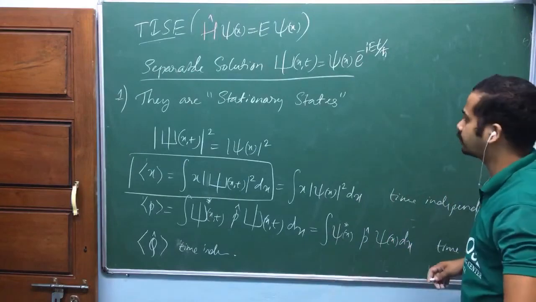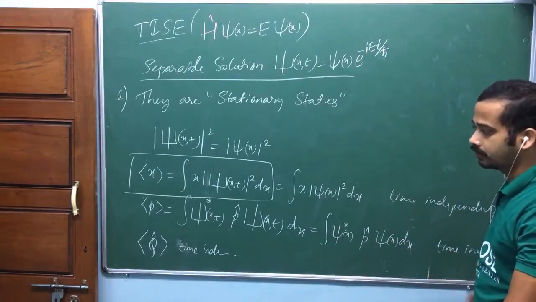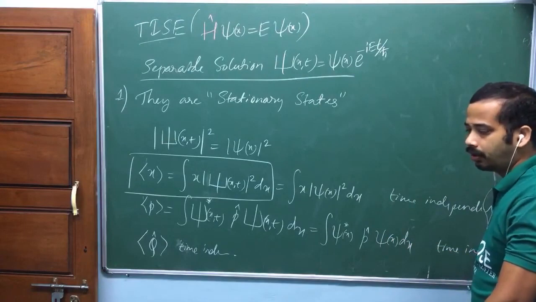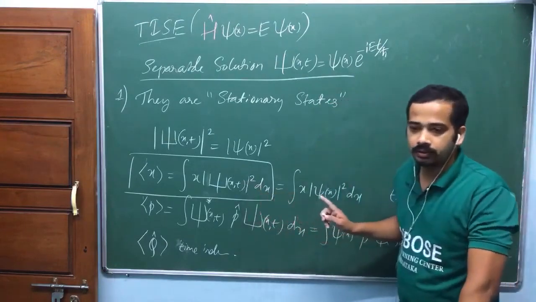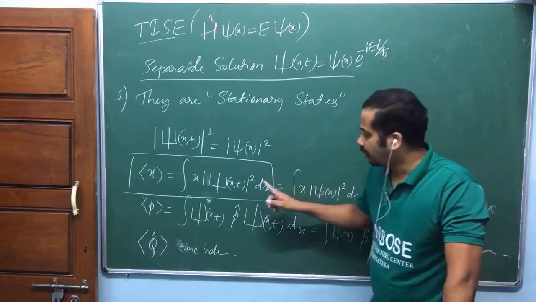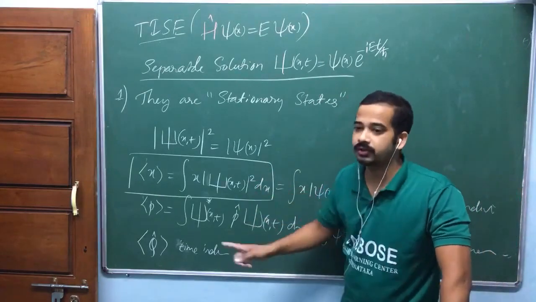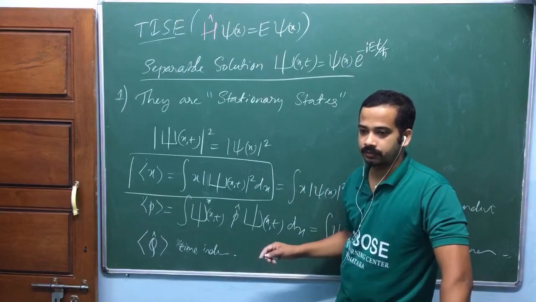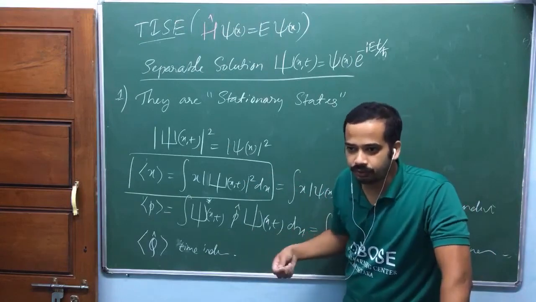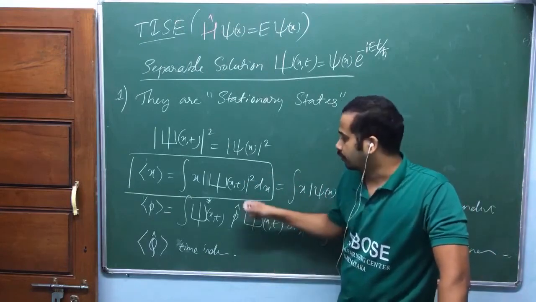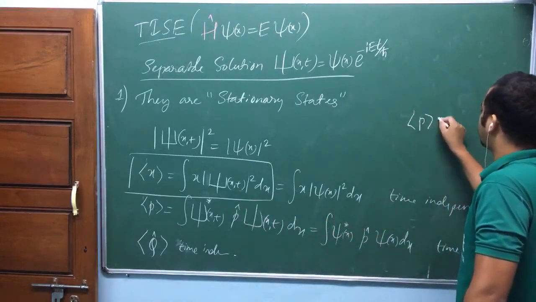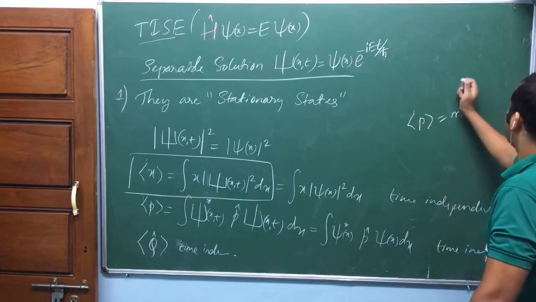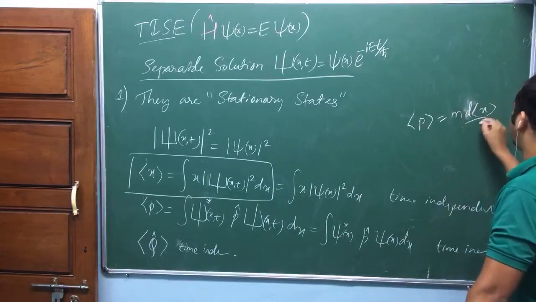Okay, in the first chapter I mentioned in the homework. So for using Ehrenfest theorem, time part should not be put as 0. If you put t equal to 0, you should not use Ehrenfest theorem. Ehrenfest theorem means expectation p is equal to m into d expectation x by dt, isn't it?